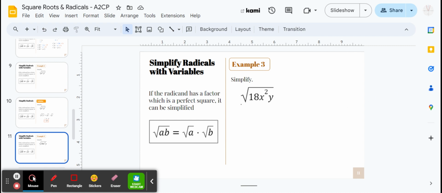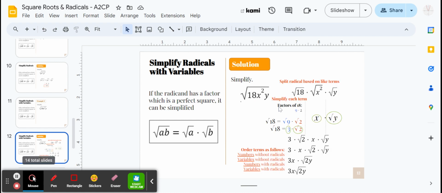Now here, we just have the same thing, but we do have numbers and letters here. So we just break them up. So we have the square root of 18 times the square root of x squared times the square root of y. We know we can break 18 down into 9 and 2, which works out to 3 square root of 2.